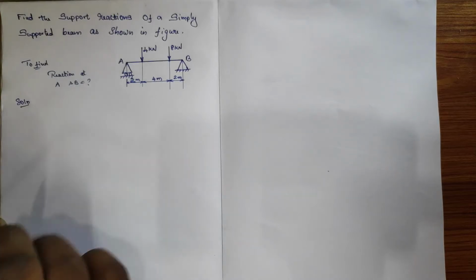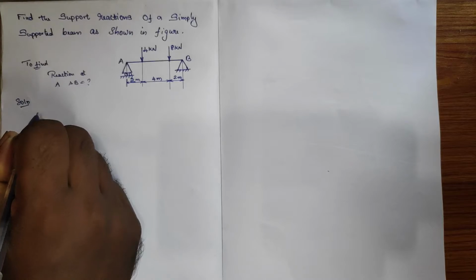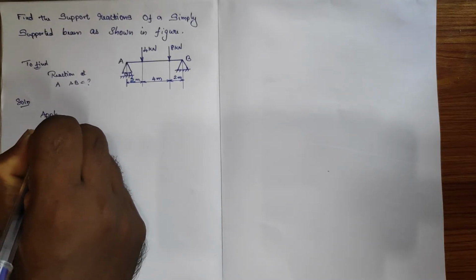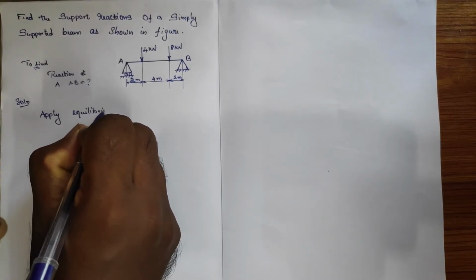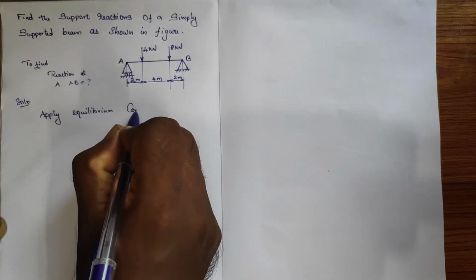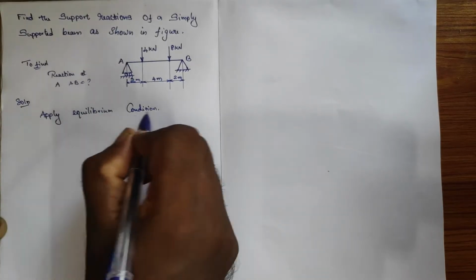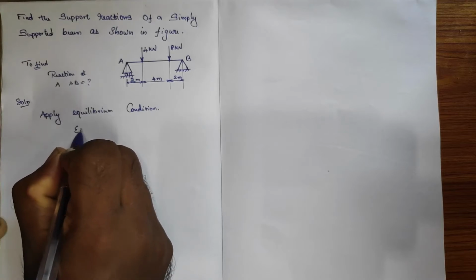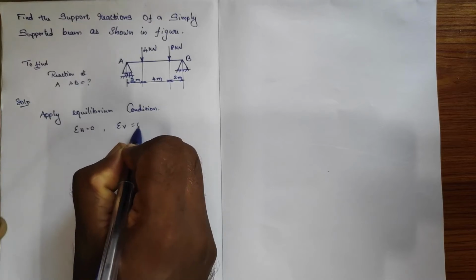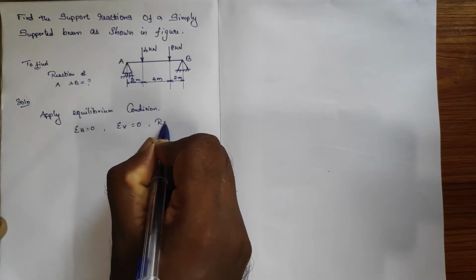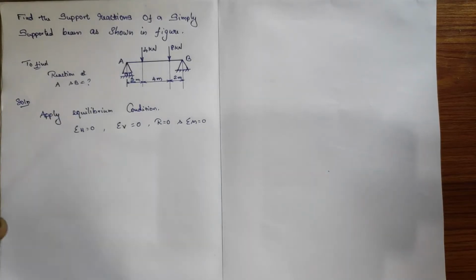Here in this problem I am going to apply the equilibrium conditions. The equilibrium conditions say: sum of horizontal forces is equal to 0, sum of vertical forces is equal to 0, resultant force is equal to 0, and moment about any point is equal to 0.